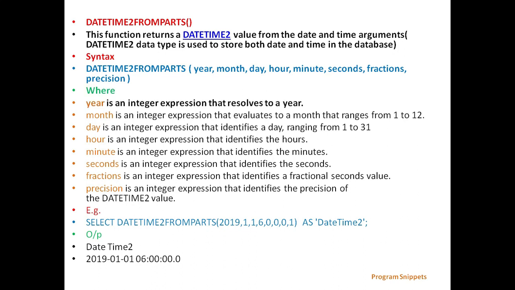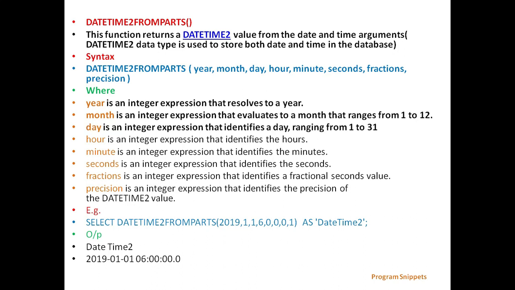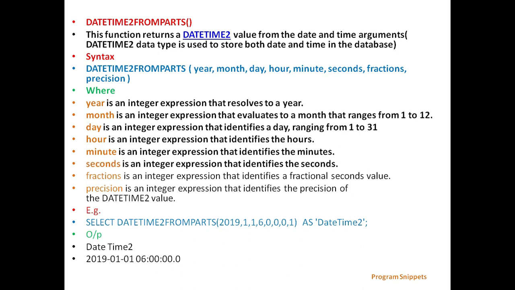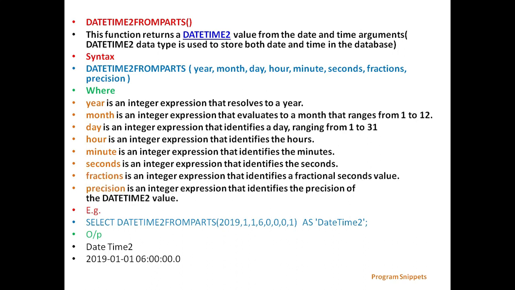year is an integer expression that resolves to a year, month is an integer expression that evaluates to a month that ranges from 1 to 12, day is an integer expression that identifies a day ranging from 1 to 31, hour is an integer expression that defines hours, minute is an integer expression that identifies the minutes, second is an integer expression that identifies seconds, fraction identifies a fractional second value and precision identifies the precision of the datetime2 value.